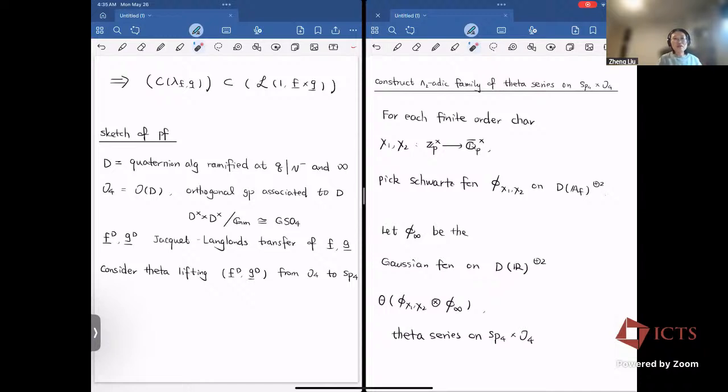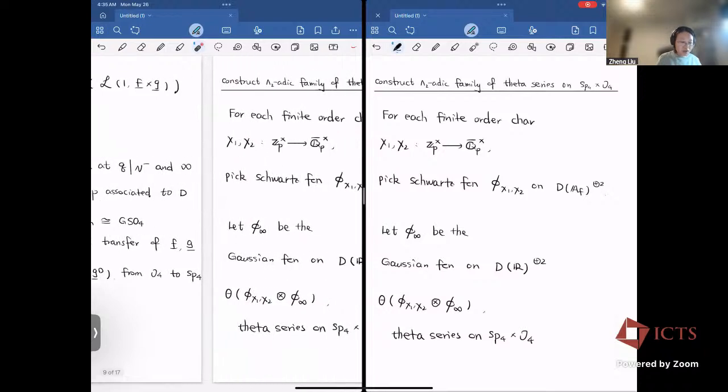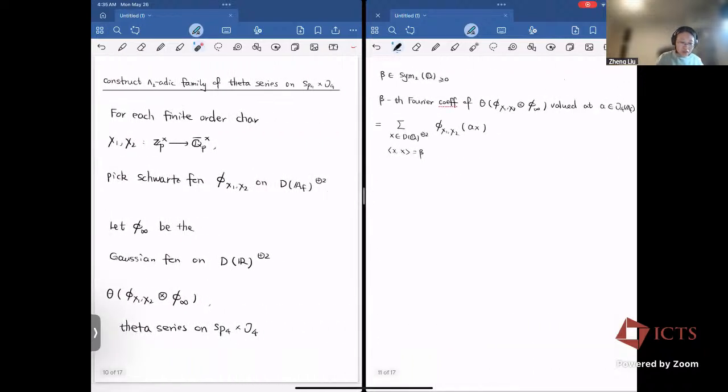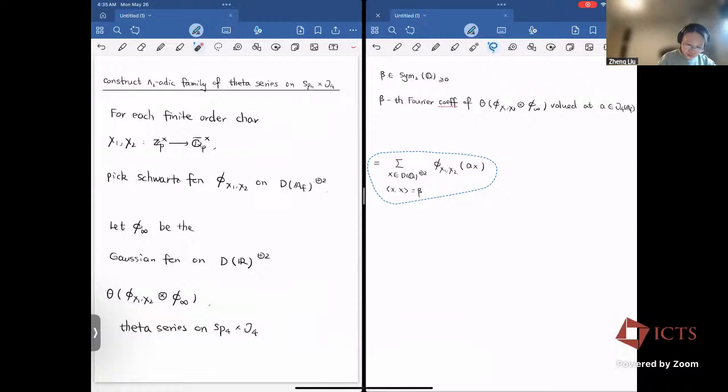To construct a family, what I'm going to do is construct a family of Q-expansions and then apply the ordinary projector, and then say that this is actually a Hida family. That means I want to compute the Fourier expansion of this theta series, which is actually pretty easy to compute.